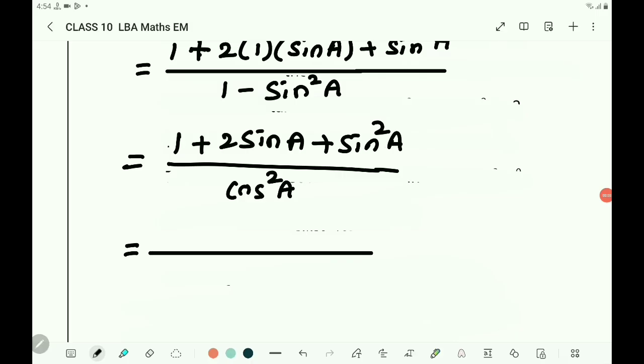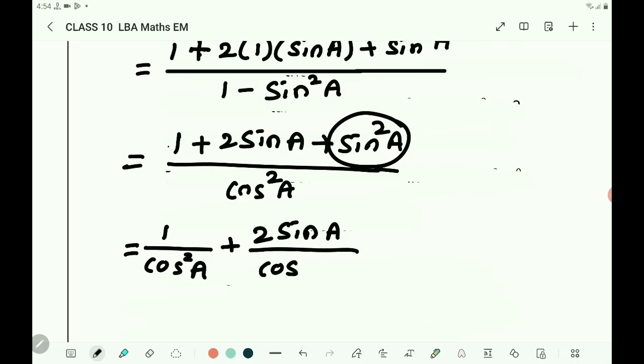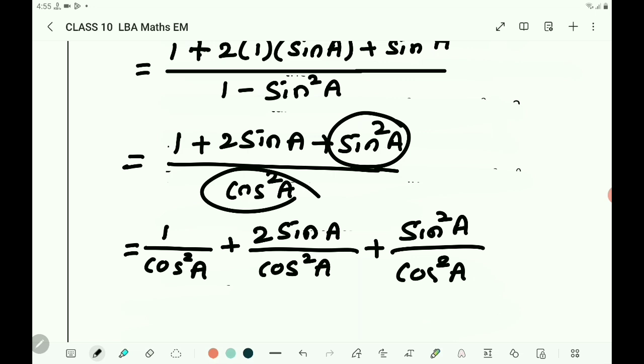Equals, here you take 1 by cos square A plus 2 sin A by cos A plus sin square A by cos square A. Separate the terms. 1 by cos square A plus 2 sin A by cos square A plus sin square A by cos square A. Separate the term by taking cos square in the denominator.